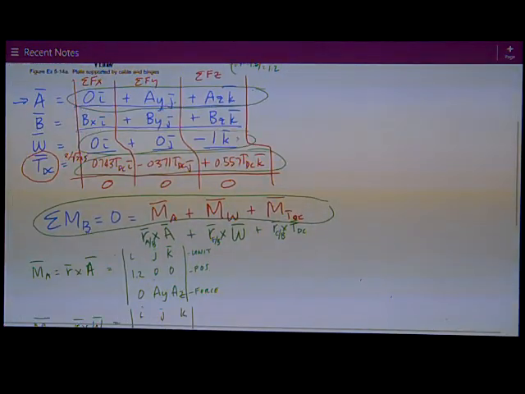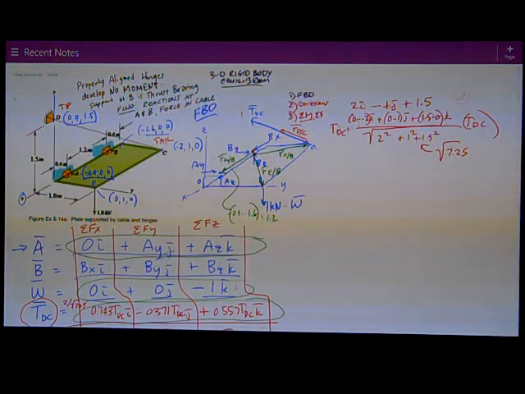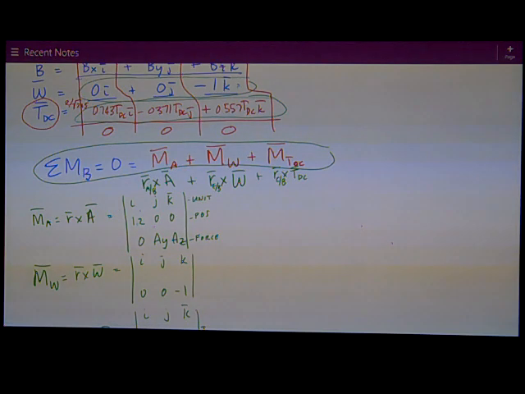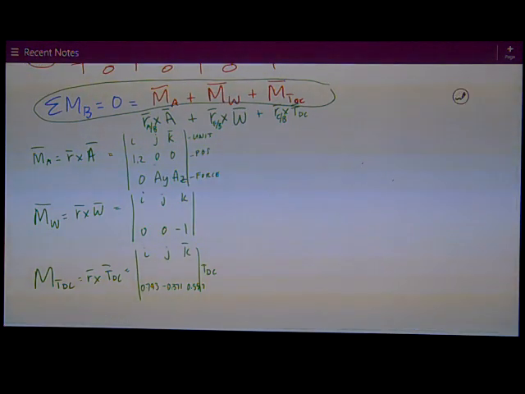Now I need a position vector from B to this weight, RE over B. It's 0 minus 1.6, so I have positive 1.6, and then 1 minus 0 and 0 minus 0. So this middle row of this second determinant looks like 1.6, 1, and 0.